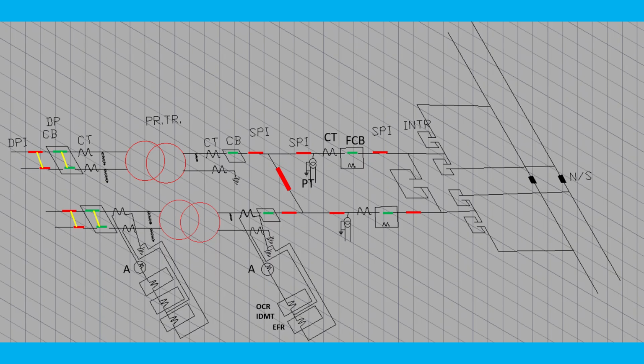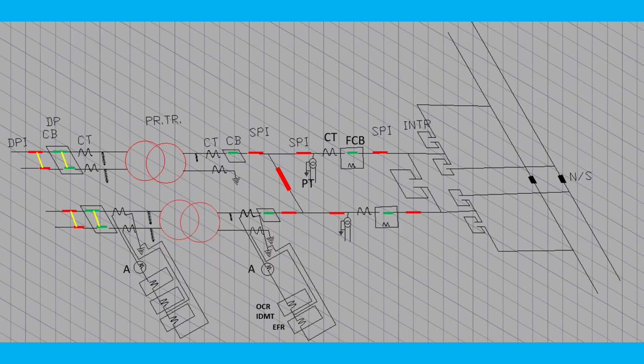In the same way, on the 25 kV side, the output side of the transformer, the series is single pole type. The isolator is also single pole type. And the relays used are an ammeter, OCR IDMT and restricted earth fault relay.